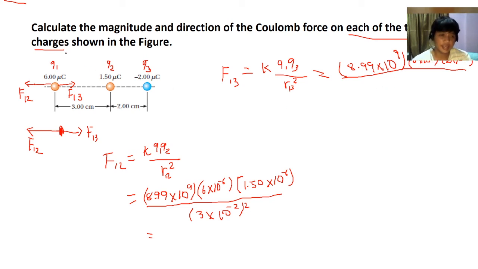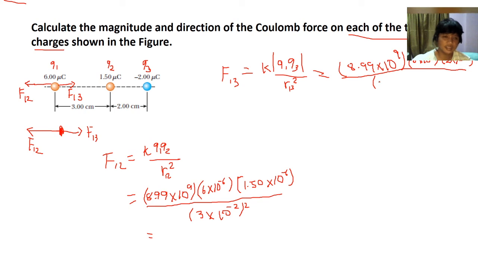And I've already done that. I've already indicated that F13 is pointing to the right, which is a sign of attraction. So I've already provided the purpose for the negative sign, and I don't have to write it in this equation. Actually, some books just put absolute value to be sure, in case you forget.